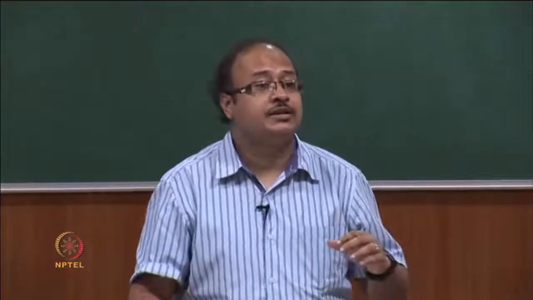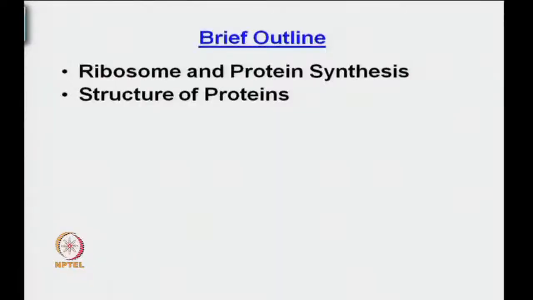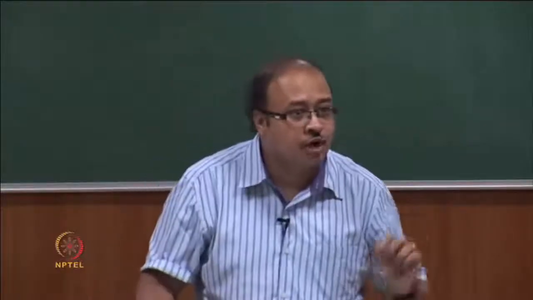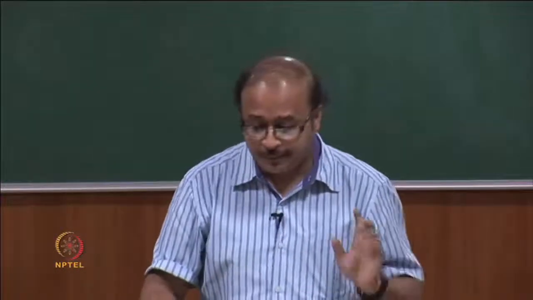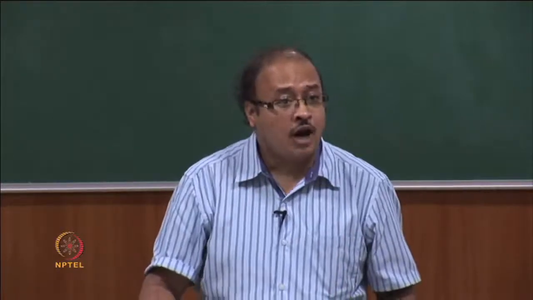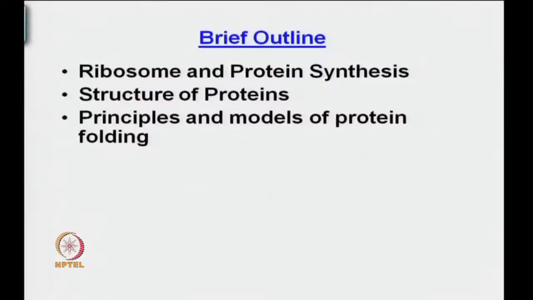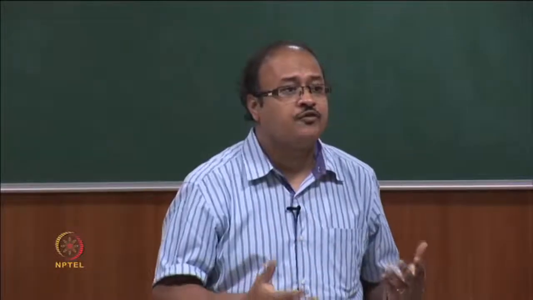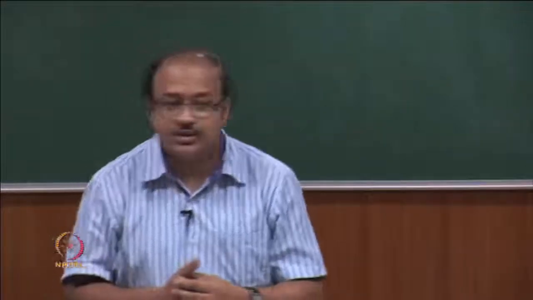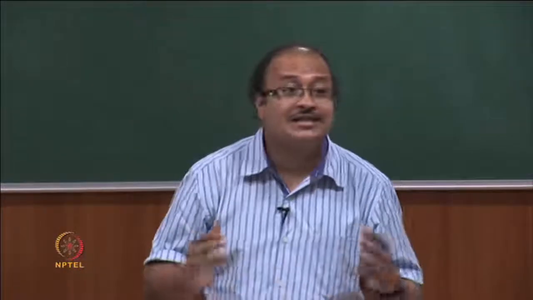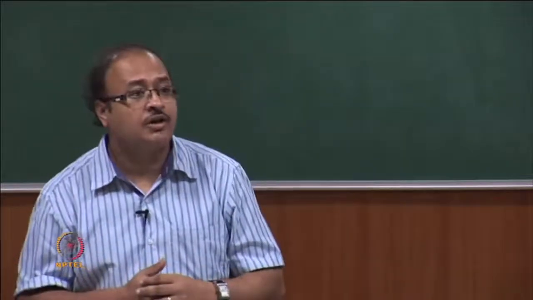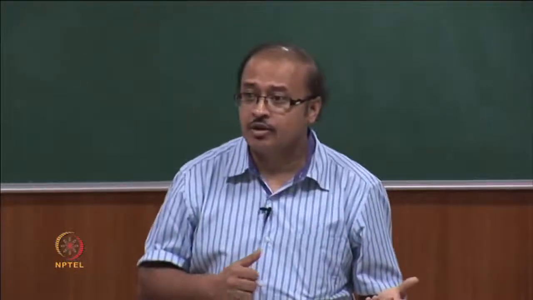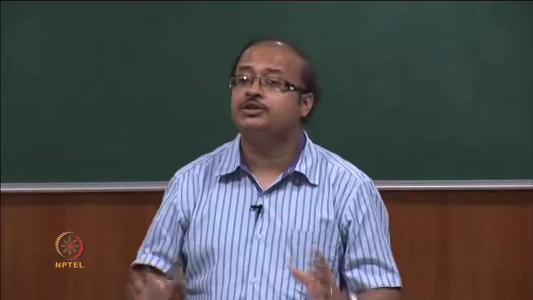The next would definitely be the structure of proteins. Now, as you can see, in this course we are mainly talking about proteins. We are not focusing on nucleic acids, right? Then, after having looked at the structures of proteins, proteins generally have 4 levels of structure: primary, which is the sequence of amino acids; secondary, where the two most common ones are alpha helical proteins or beta sheet proteins and combinations of these.